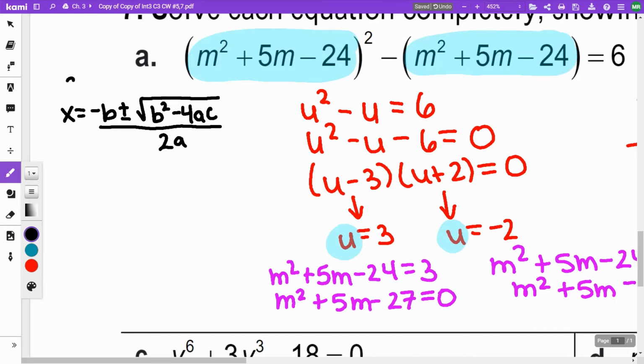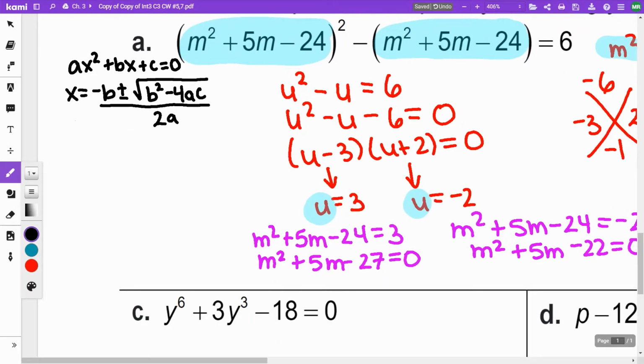Okay, and that's when you're solving ax squared plus bx plus c, and this is the key, equal 0. We have that format. Okay. So this one here, let me solve this one in blue.